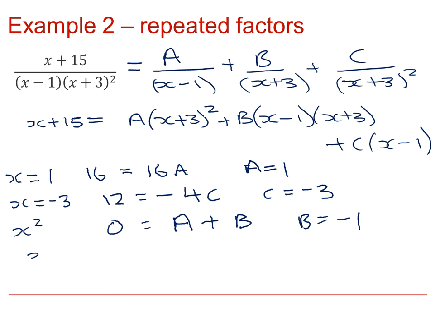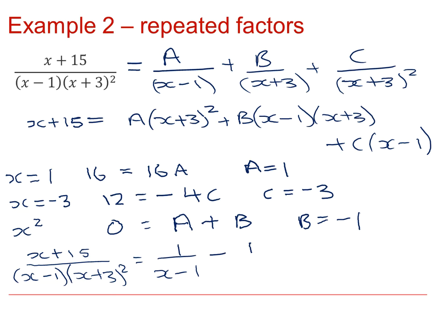And we are able then to determine that (x plus 15) over (x minus 1)(x plus 3) squared can be written in terms of partial fractions as 1 over x minus 1 minus 1 over x plus 3 minus 3 over (x plus 3) all squared.